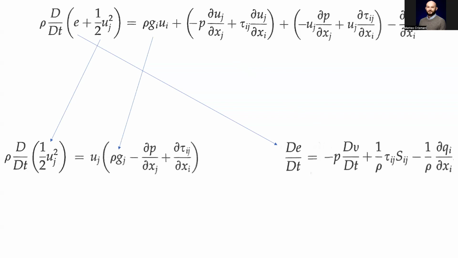This thing here is what? What is this little V-ish thing? Not velocity, it's volume, specific volume, right? So this looks like what term? PDV. That's what you should see.